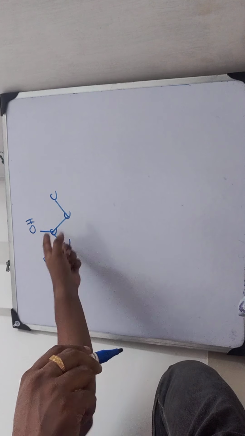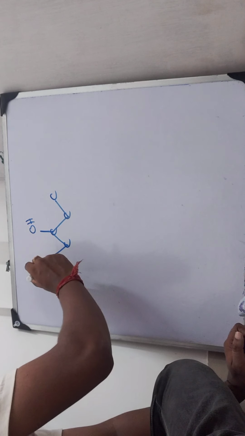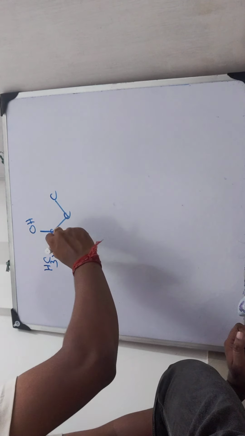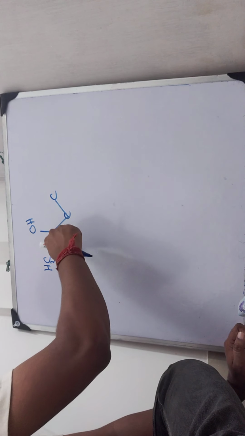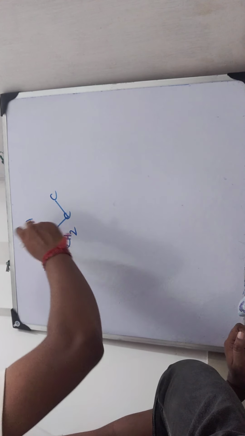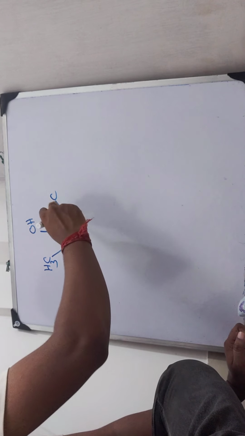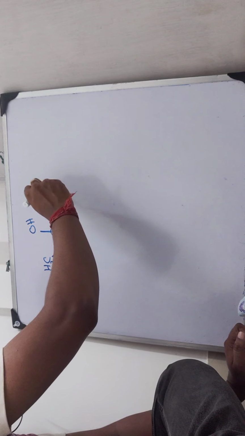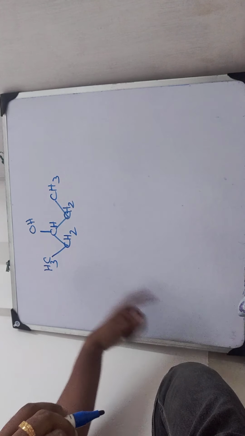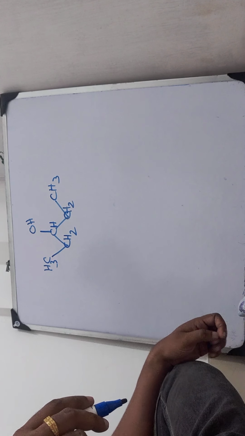Total 5 carbons are there. The first carbon is satisfied by 3 hydrogens, the second by 2 hydrogens, the third by only 1 hydrogen, because 3 bonds are already made. The fourth one is CH2, the fifth one CH3. So this is the compound that we desire.